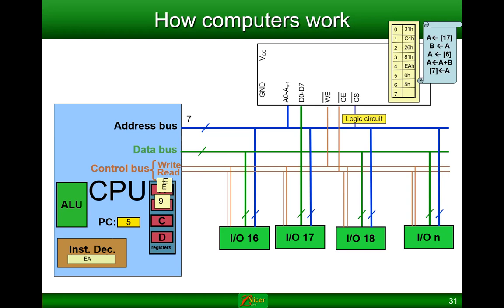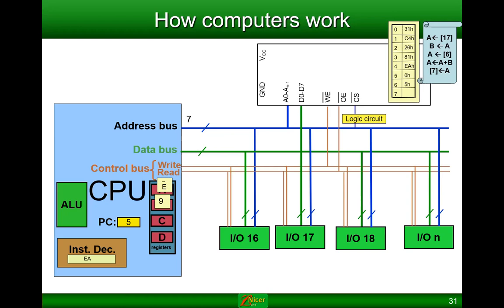The value of E will go from here through the data bus, and it will be stored at the number 7 slot, because the value of A is being stored at 7, not 7 being stored at A. So we will have to keep this thing in our mind.